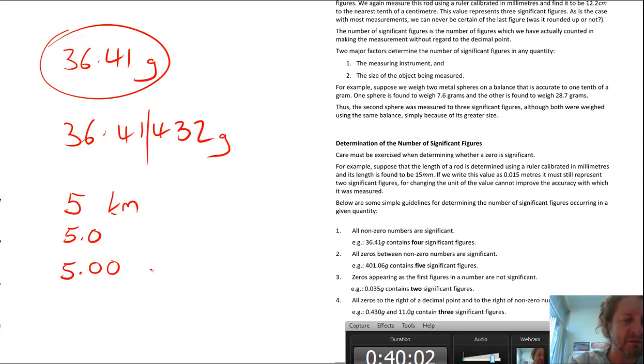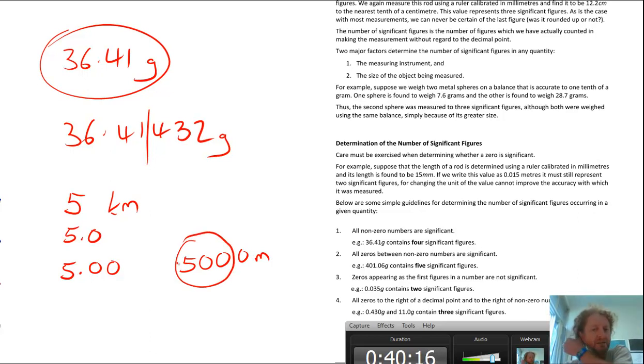Let's convert kilometres to metres for a sec. 5 kilometres is 5,000 metres, and if you gave me 3 significant figures, it's saying all those 3 are significant. So I'm a bit iffy about that last one. There's only 10 metres in error there, but I've measured it accurately.